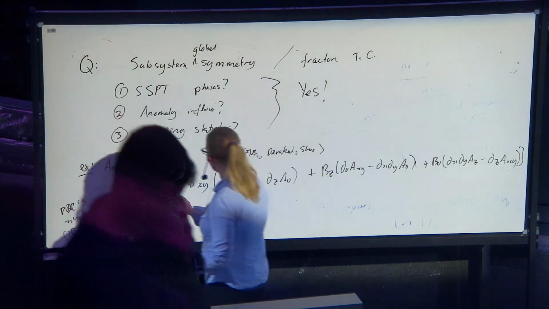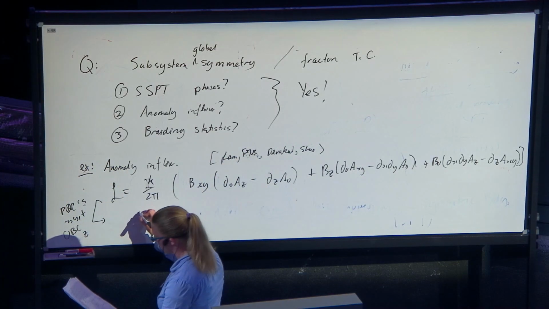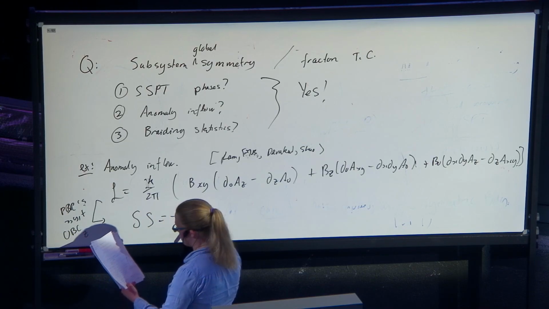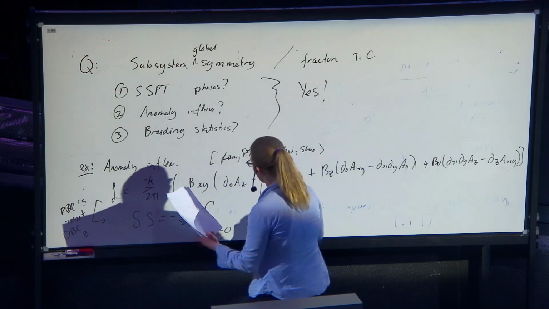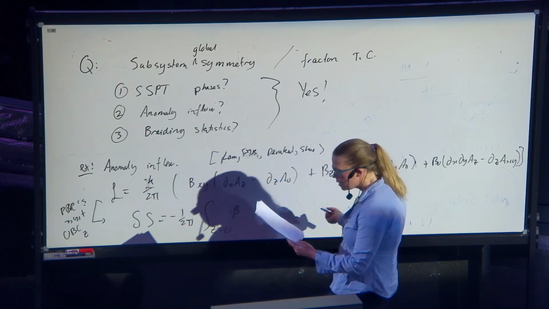Okay? So if you do this, what you find is that the action changes by a boundary term. Okay, so the integral over Z equals 0, and beta is the gauge parameter for my B gauge field.